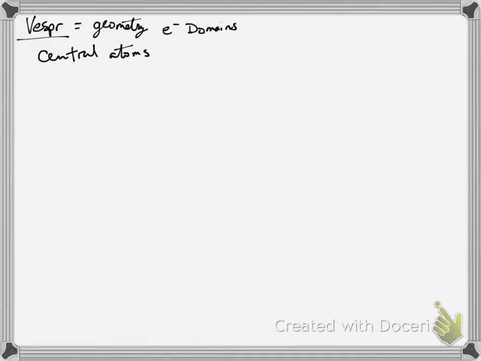So VSEPR is more or less the geometry of electron domains. That's more or less what we're talking about. Now this is for single central atoms.